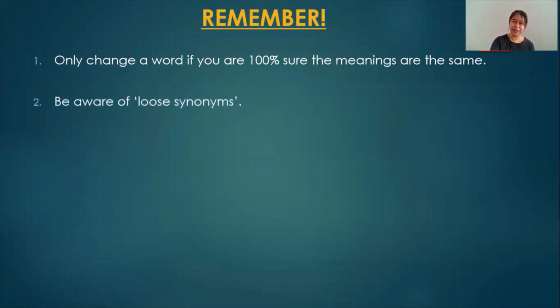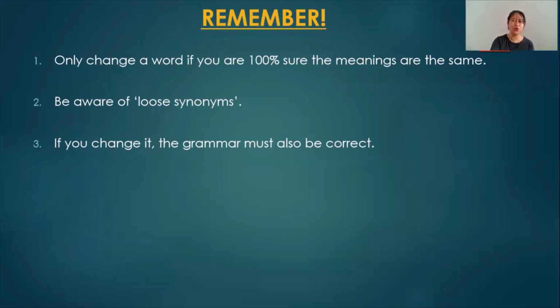So be aware of loose synonyms. And if you change the form of the word, you must also know that the grammar should also be correct. Okay, so it does not end in changing the form of the word. You have to make sure that the whole sentence is still grammatically correct.